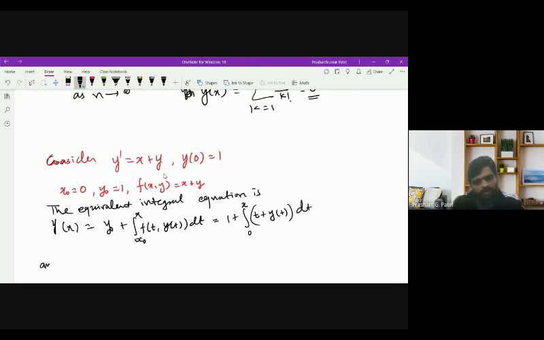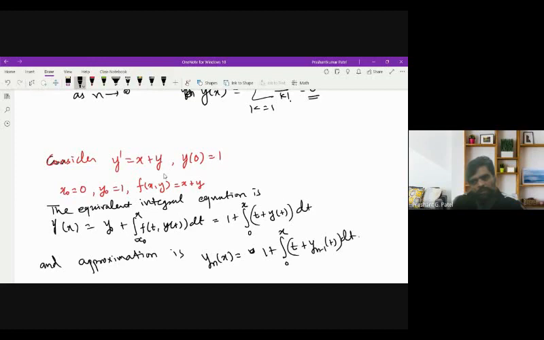And the approximation is y_n(x) = 1 + ∫ from 0 to x of (t + y_{n-1}(t)) dt. This is the approximation we have.